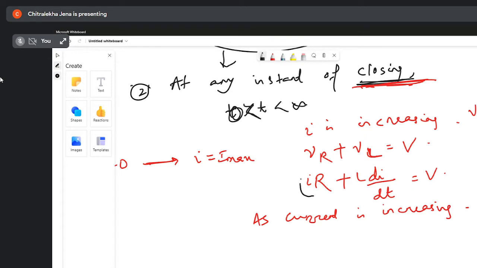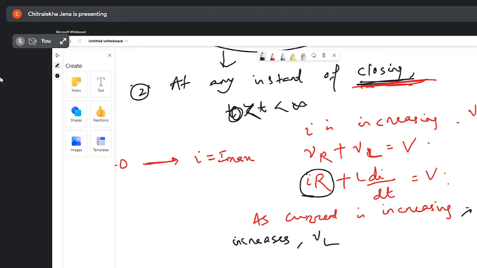This is increasing because R is my constant. So as the current increases, VR, that is IR, increases. Am I clear or not up to this? Clear, all of you? Yes, ma'am. Okay, so what about VL?